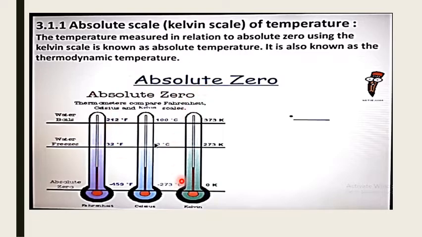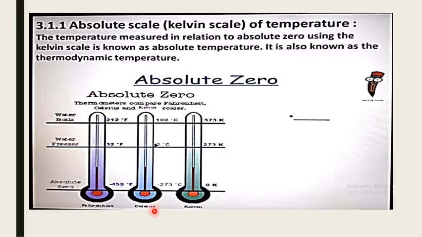You can see this: Fahrenheit, Celsius scale, and the last one is the Kelvin scale. First one, if you take Fahrenheit, absolute zero is minus 459 Fahrenheit. Water freezes at 32 degrees Fahrenheit. Water boils at 212 Fahrenheit.